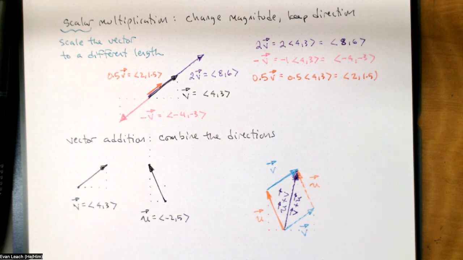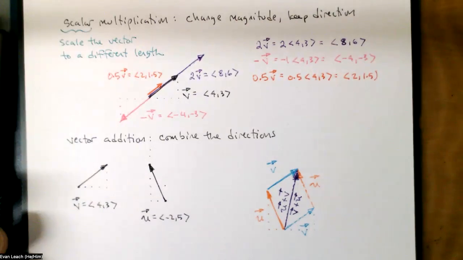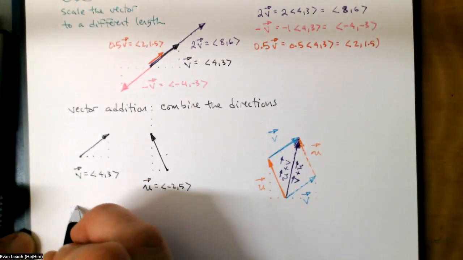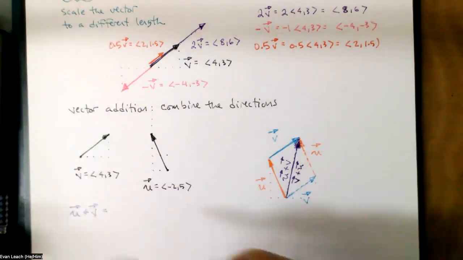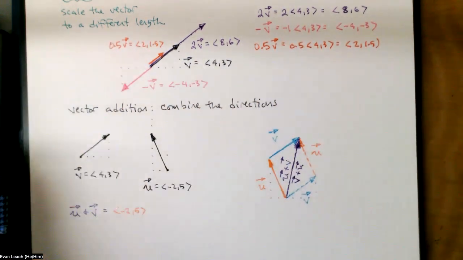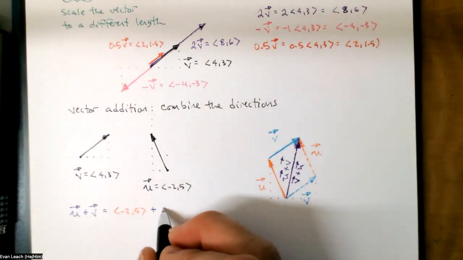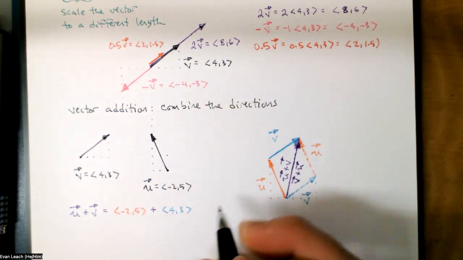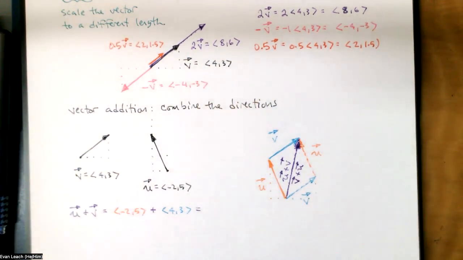We can do this in components as well. We don't have to just visualize everything. If I want the vector u plus v, I just take my u vector, -2, 5, and add the v vector. And we do exactly what we would guess.